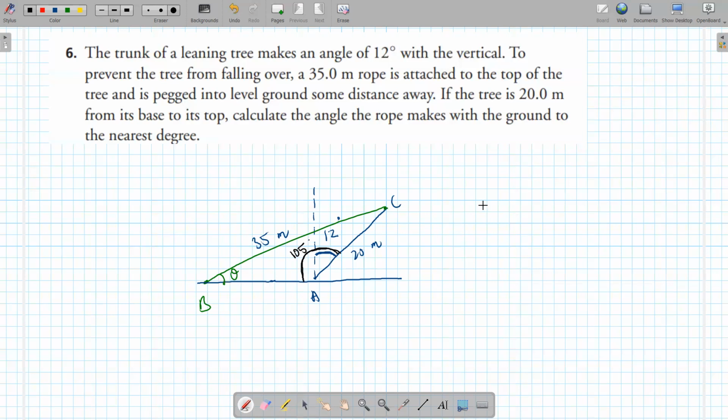So now it's pretty simple here. Look at the setup. It's going to be sine of theta, okay? What is the opposite side length of theta? 20. 20 is equal to sine of something over something. What?